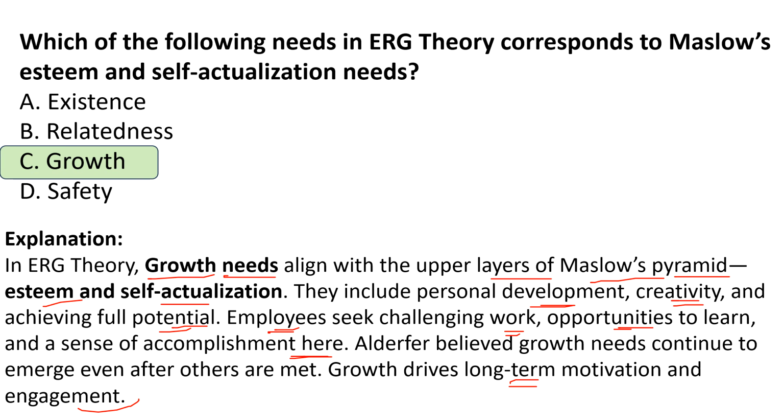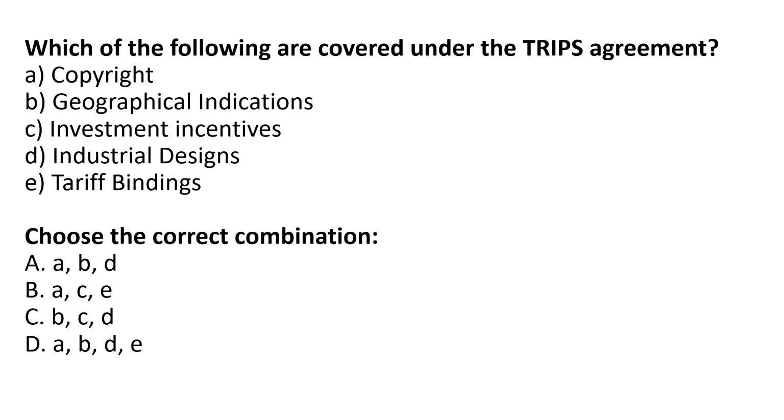When you complete some challenging work and get new opportunities to learn, then you will understand and experience new things. Clear? So that is the growth. Self-actualization and esteem needs in Maslow's theory are aligned with growth. Clear?